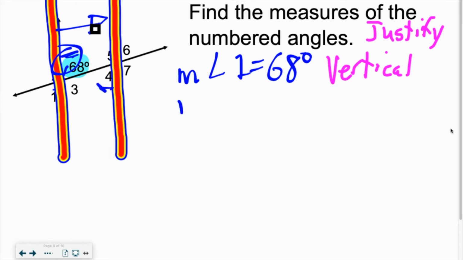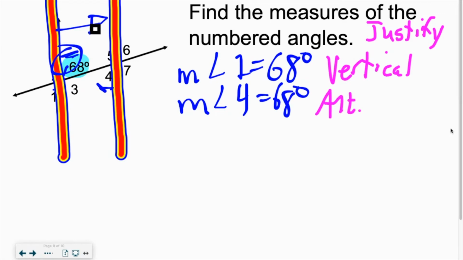So the measure of angle 4 is also 68 degrees. Justify, explain why. They are alternate interior angles.